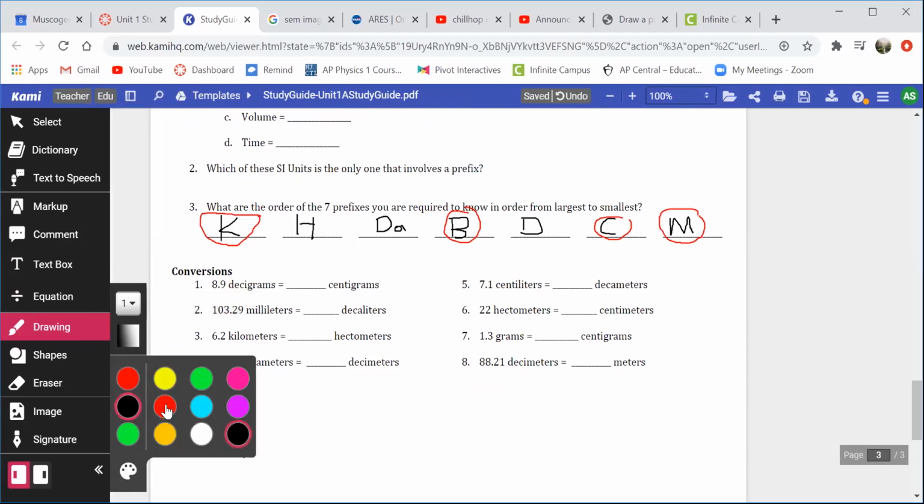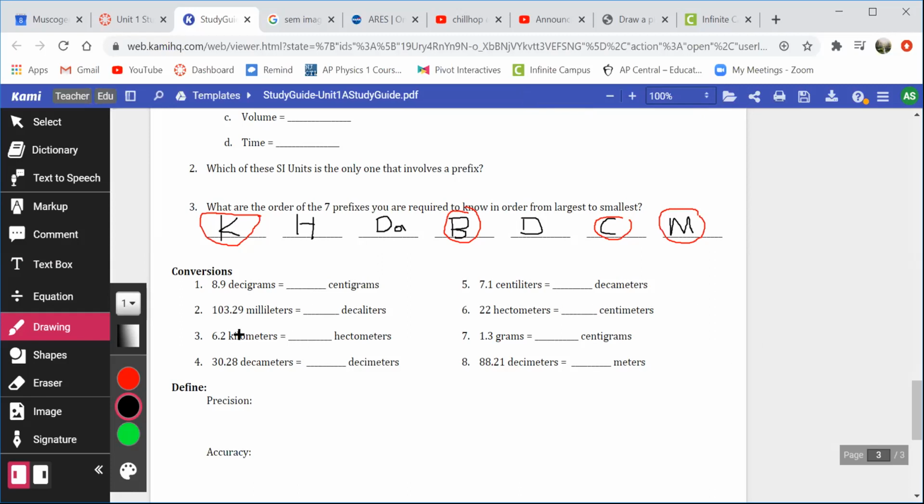Let's go ahead and do some of these conversions. I'll do the first two for you, and then I'm going to do the next ones with you, okay? So I'm going to need your help for 3 through 8. So number 1, we've got 8.9 decigrams, and we want to know how many centigrams that is. So we're going to figure out where we're starting, and that's going to be deci, so we're right there. And we're going to centi, so that's just one jump, and we're going to jump to the right, all right?